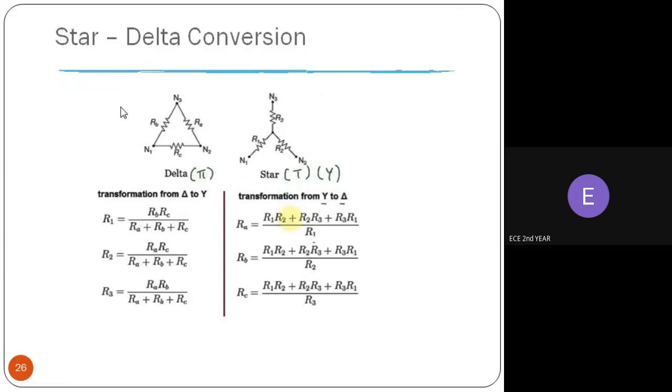And the next one is star to delta conversion. This is the delta connection, which we all know, and this is the star connection, which you all know. The delta connection can be converted into star.